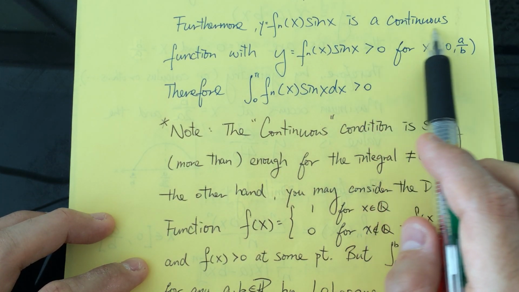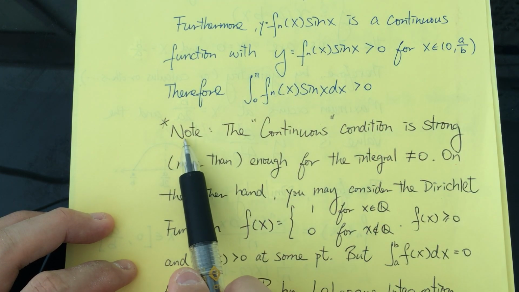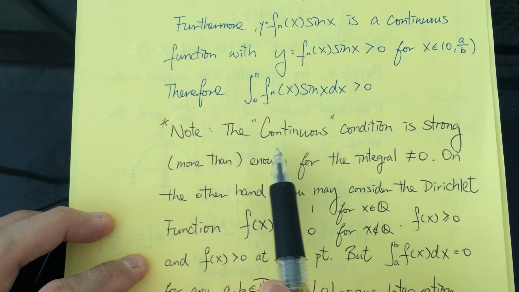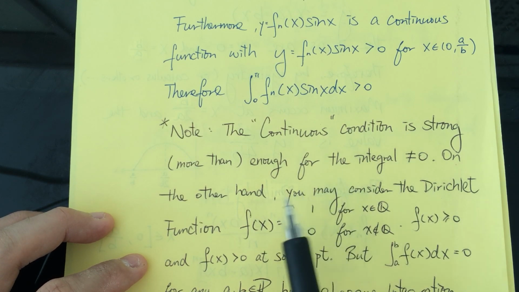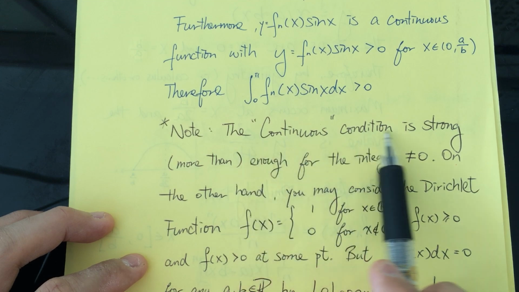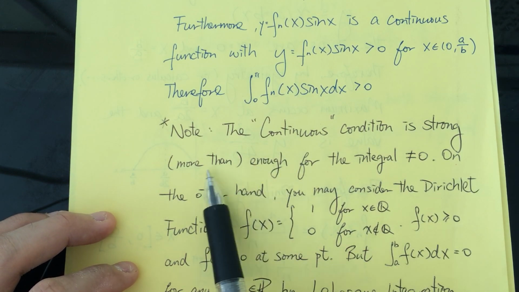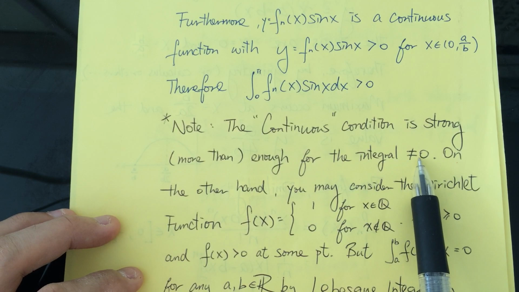Here I emphasize it is continuous, because if the continuous condition does not hold, then it may be equal to 0. So the continuous condition is strong, more than enough for the integral to be nonzero.